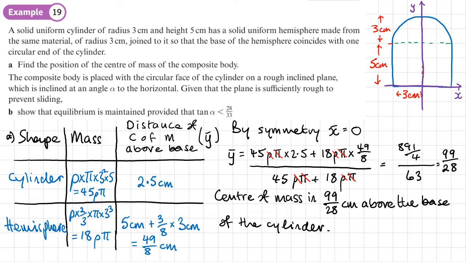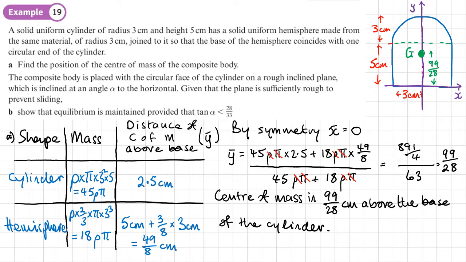So that means that the center of mass is 99/28 centimeters above the base of the cylinder. Now that's about 3.53 something centimeters. So the center of mass is going to be here, I'll put that as G, and this distance here is 99/28, the distance from the base up to G.